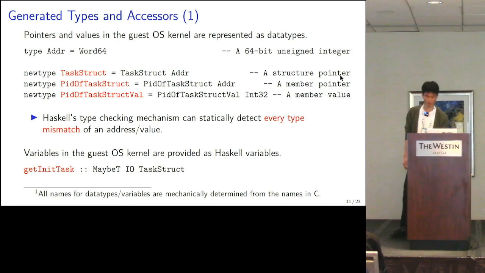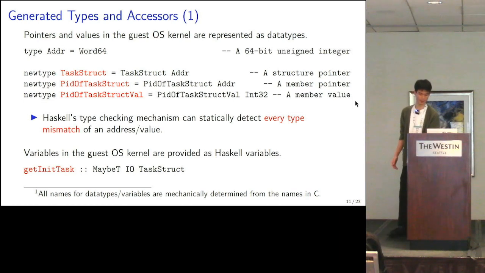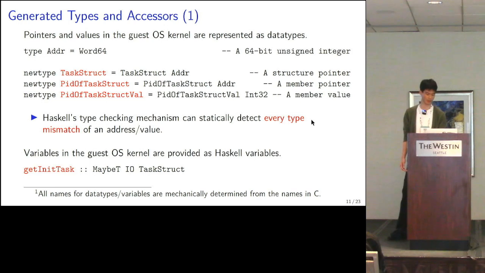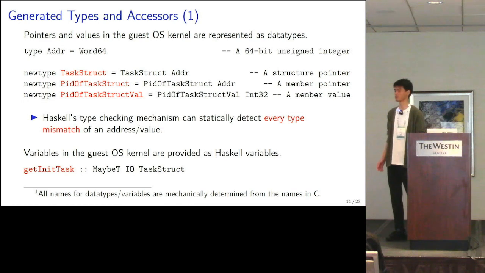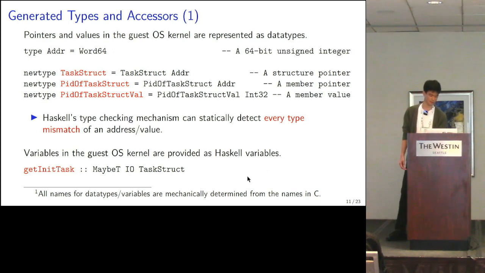Each data type for a pointer wraps the address of its pointer, and the data types for values wrap its data. By using these data types, Haskell's type checking mechanism can statically detect every type mismatch of address and value. For the variables in the guest OS, HaVMI provides them as Haskell variables, as in this getInit task.